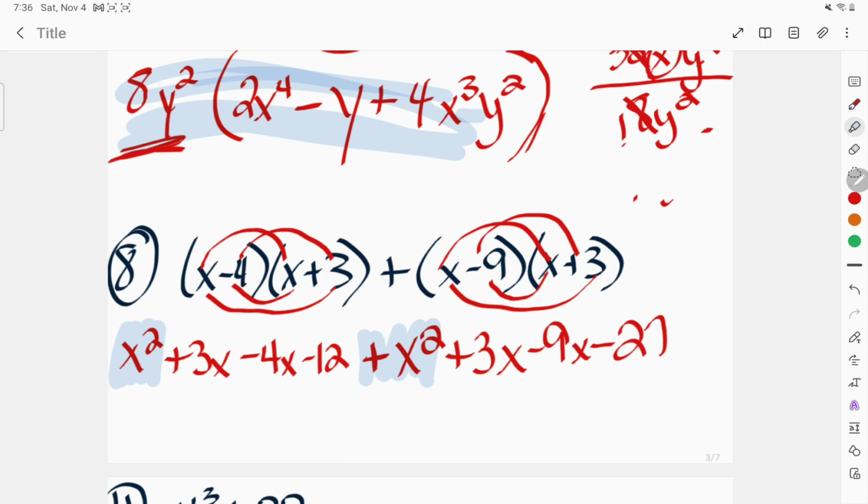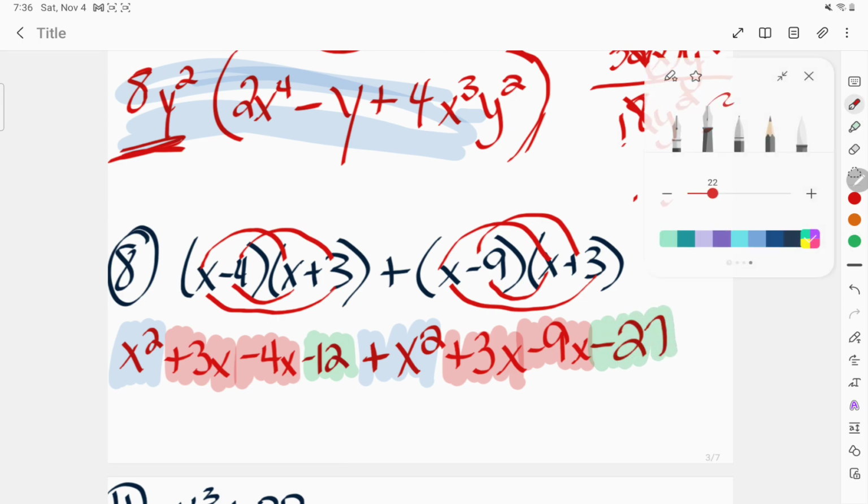I've got positive 3x. Let me change the color. Got positive 3x, negative 4x, positive 3x, negative 9x, and then negative 12 and negative 27. Okay?